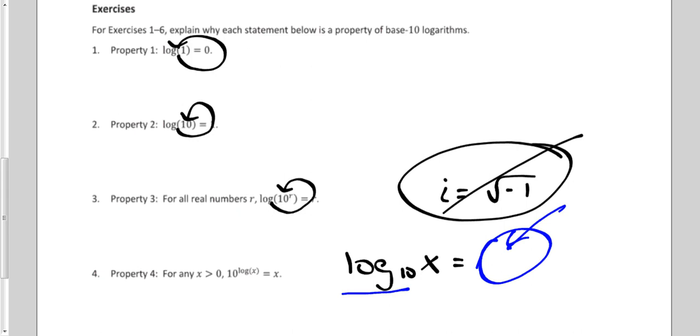Now I'm taking 10 to that power. So you get x. Not x something, just x. Check this out. The 10 to the power of log base 10, those cancel each other out. Just like here.